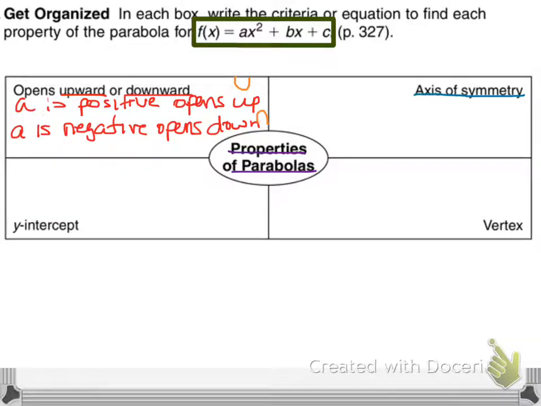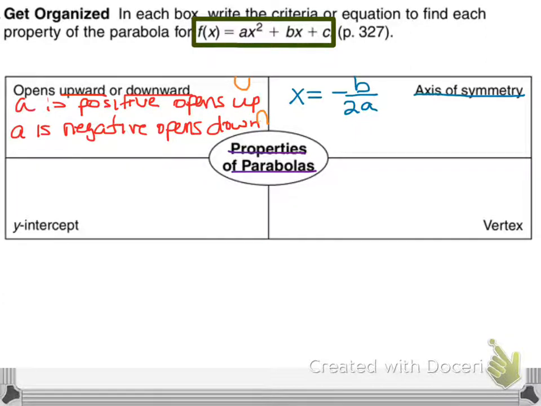So your axis of symmetry will be found where x equals negative b over 2a. Now remember, we're getting the b and the a from our standard form. Take a look back up here where I have boxed in our standard form, our ax squared plus bx plus c.